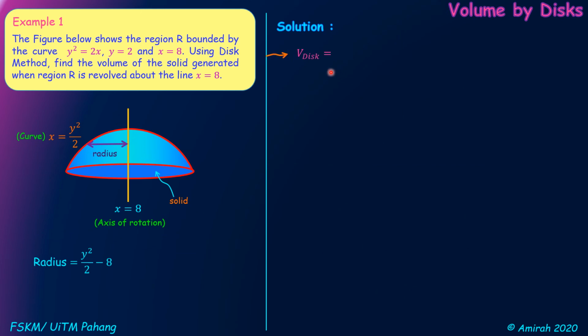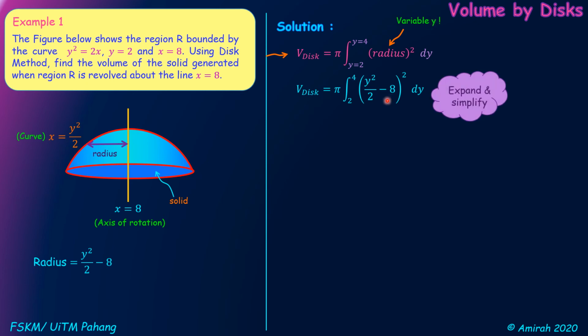From the previous slide, we get volume by this equals to pi integration from y equals to 2 to y equals to 4 radius squared dy. And we replace radius equals to y squared over 2 minus 8 bracket squared. So now we get radius in terms of variable y.